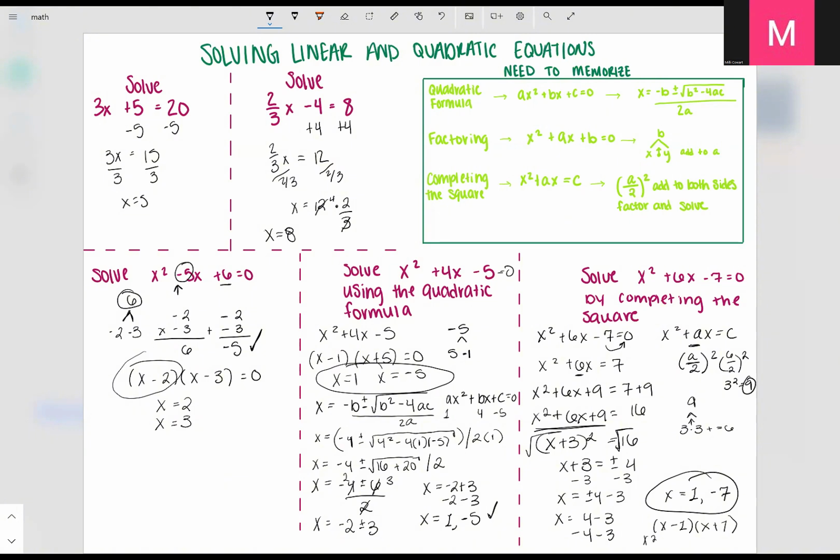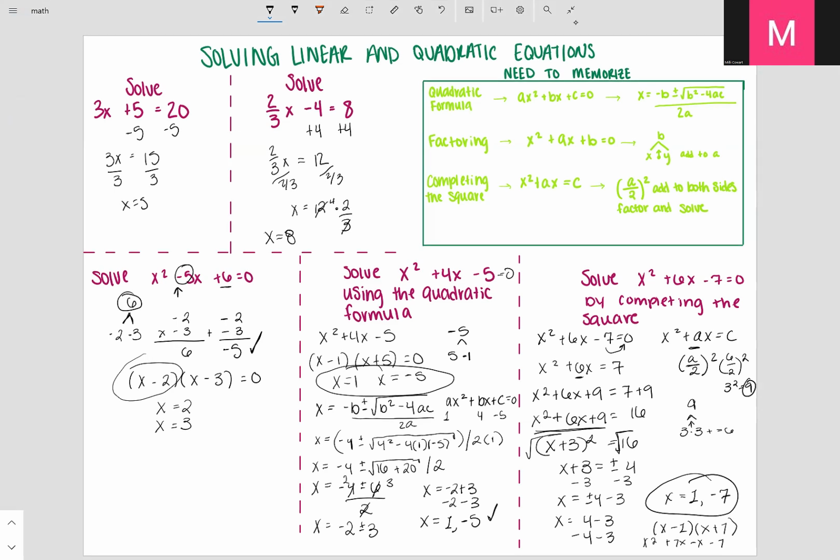So that would be x squared plus 7x minus x minus 7, which then would equal x squared plus 6x minus 7, which is what we have up here.